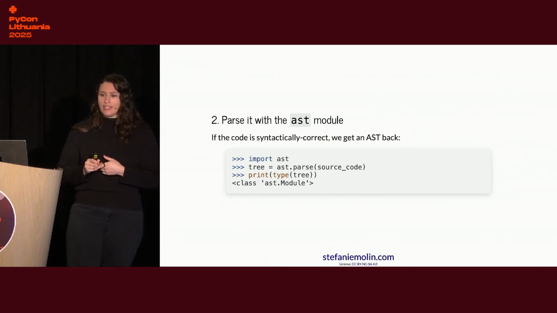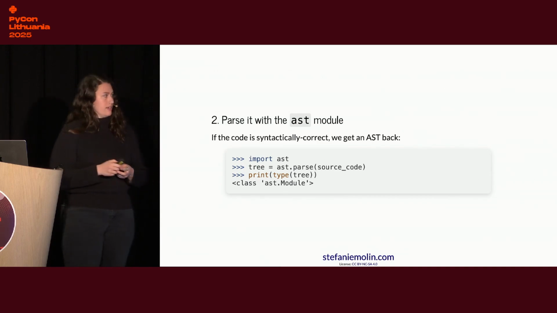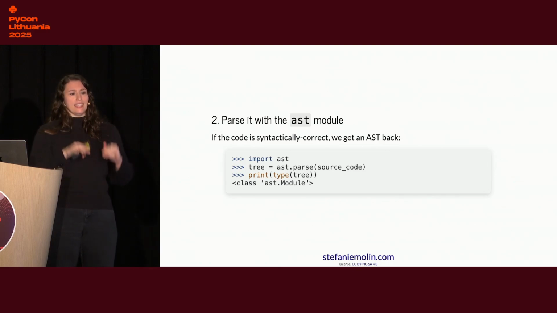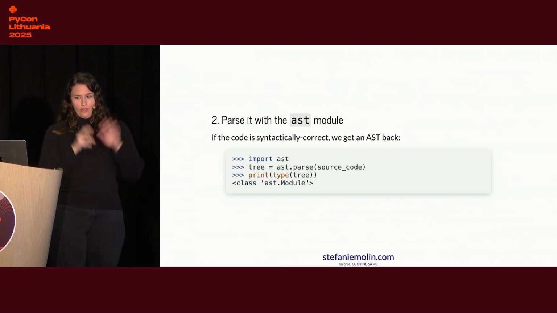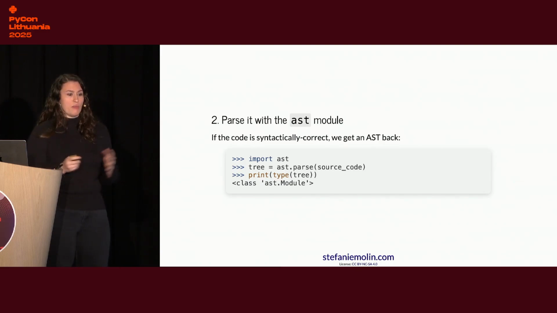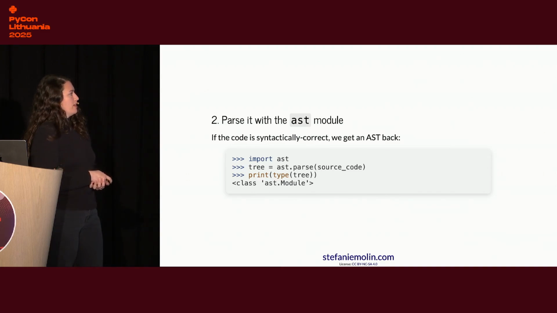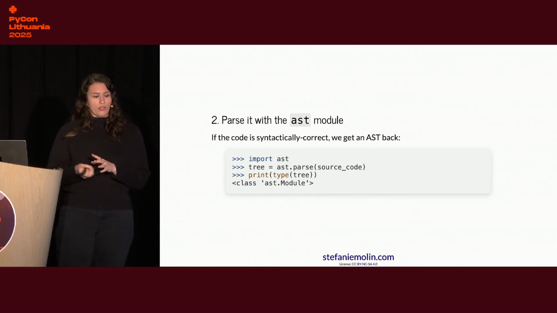So we import ast, and then we use the parse function in there, and we're passing in the string of all the code. And this gives us back, again assuming that code was actually valid Python, and it is, our tree. If we look here, we see that it has type ast.Module.